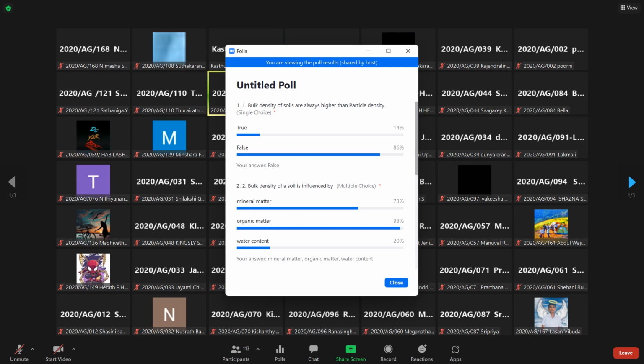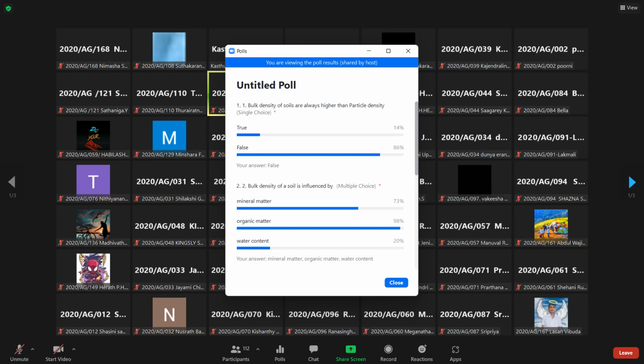Particle density is always higher than bulk density because for bulk density we are considering the total volume, but for particle density we are considering only the solid volume.